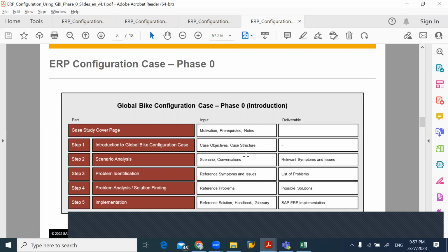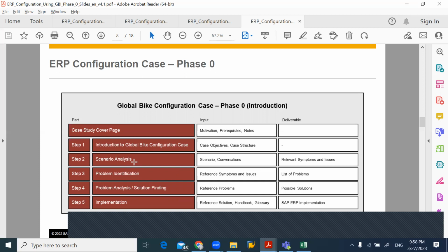Now, in this lecture, step 1 is that we'll do the introduction of the Global Bike configuration case. We do have a scenario that we will read for analysis purposes, because we cannot go to any company, talk to the people and try to understand the problem.